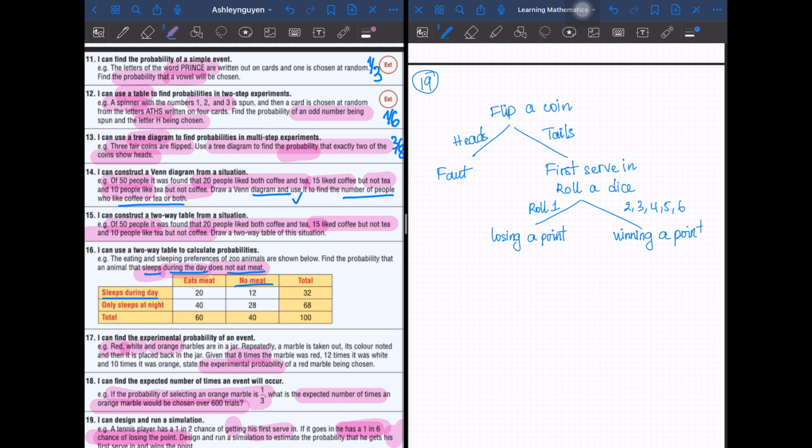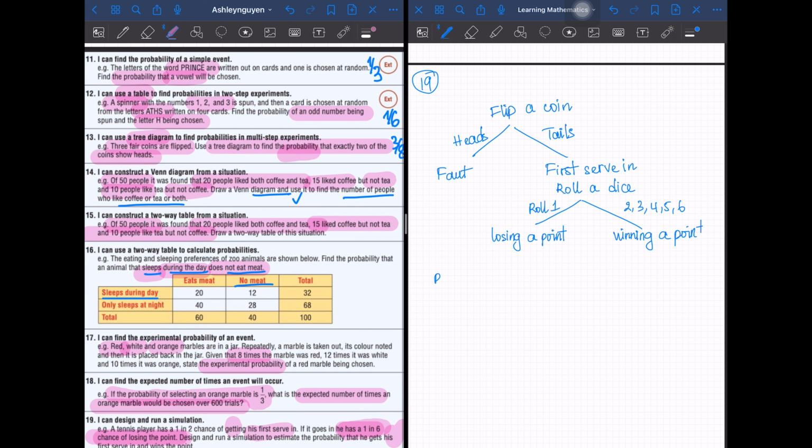So now you need to actually do the experiment and run a simulation to estimate the probability. So let's see all the possible outcomes that you have here. The first possible outcome comes from here to there. The second possible outcome runs from here to there. And the third possible outcome comes from here to there.